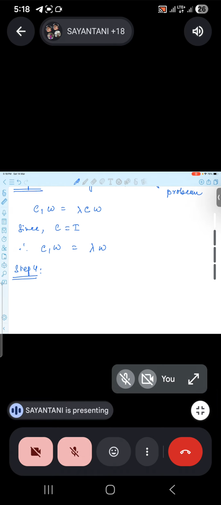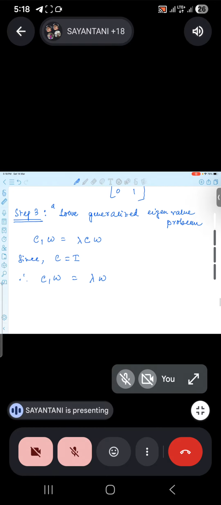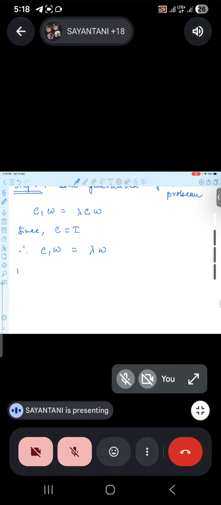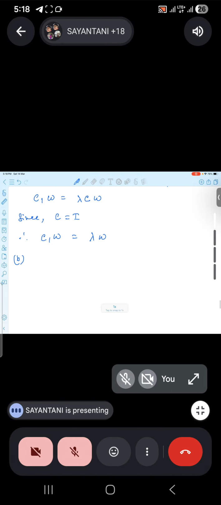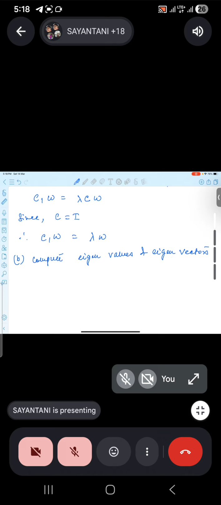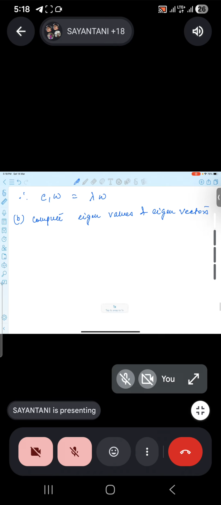So for this you have to compute. Rather, I would say this is a part of step 3 only. Okay. So maybe I'm just writing A and B. So now you have to compute the eigenvalues and eigenvectors. So for C1, we had this particular matrix.